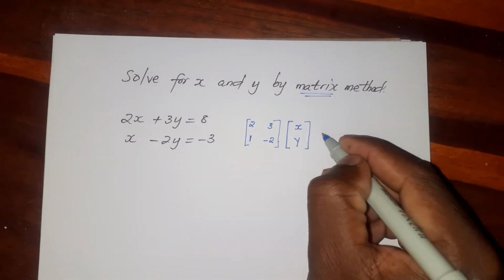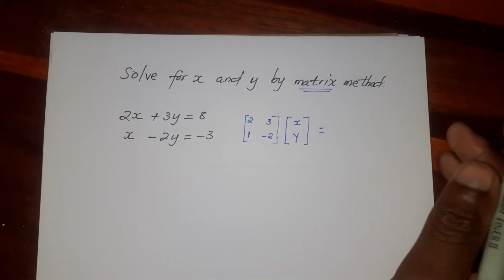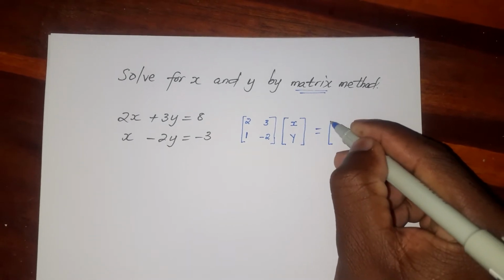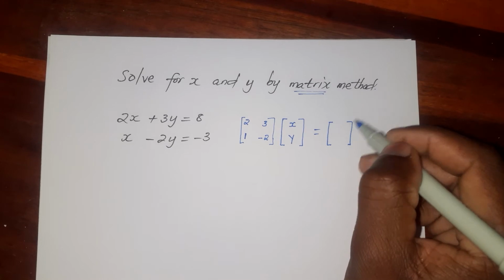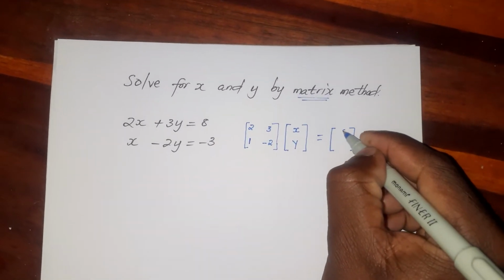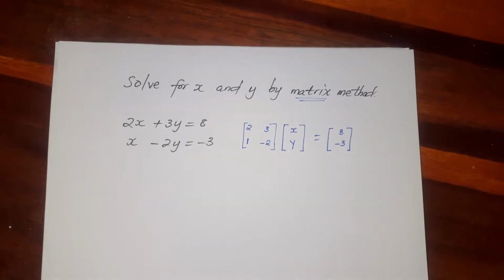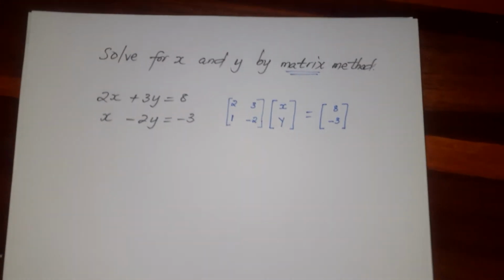And then I now have to write equal. I also put square bracket like that. Now in that square bracket, I have to write these numbers here. The first one is 8. Second one is minus 3. That is the first step.